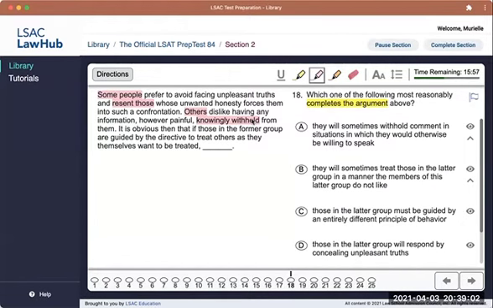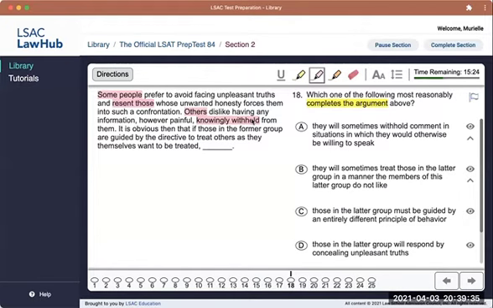And some people don't really like having information withheld from them, except in just a small number of exceptions, right? So we could have some kind of gray in between these two groups potentially, and the language of some people are like this and others are like this doesn't actually exclude the possibility that there would be a third group of people. So that's one thing to note about the structure there.